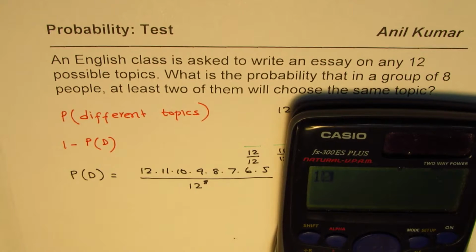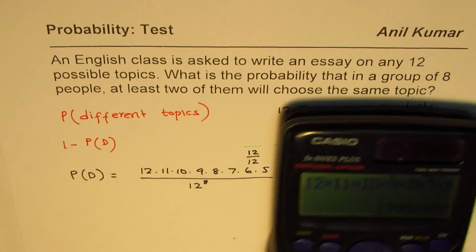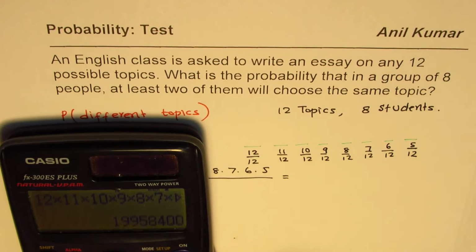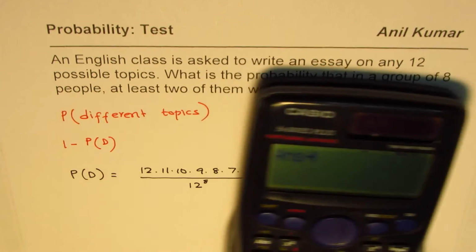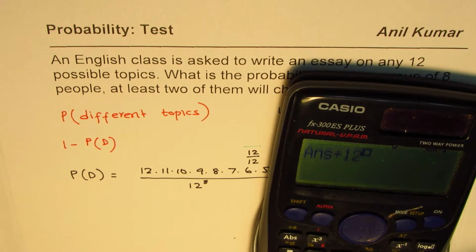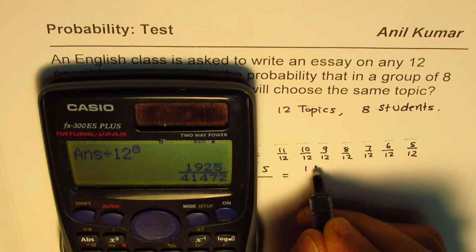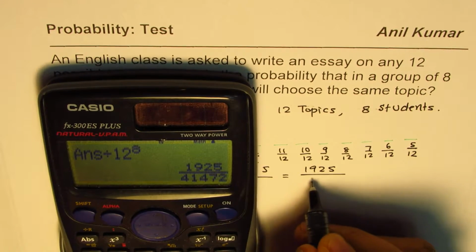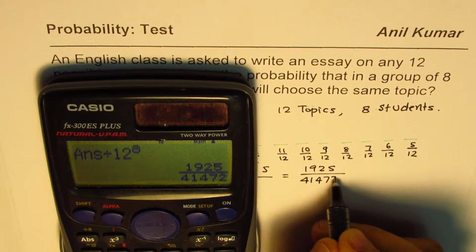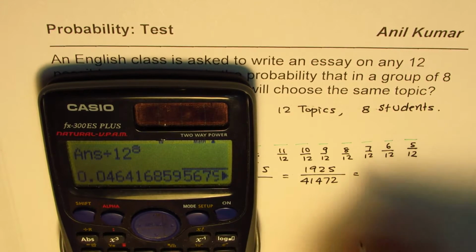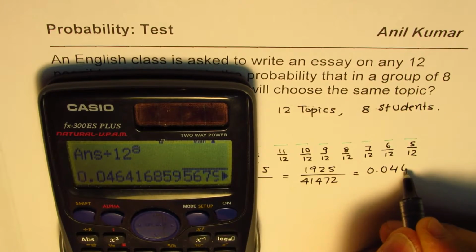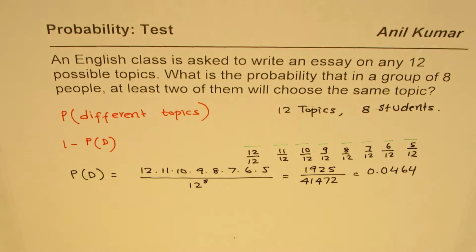We have 12 times 11 times 10 times 9 times 8 times 7 times 6 times 5, and let's divide this by 12 to the power of 8, which is equal to 1925 divided by 41472, and in decimals it is 0.0464. So that is the probability.